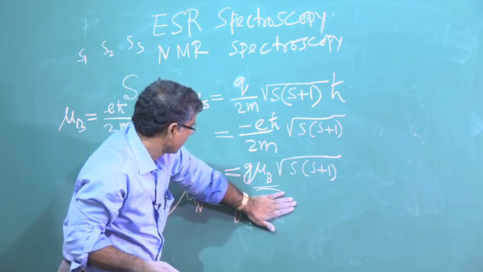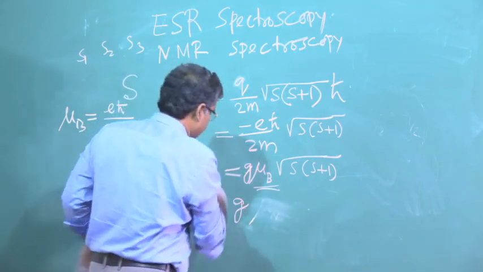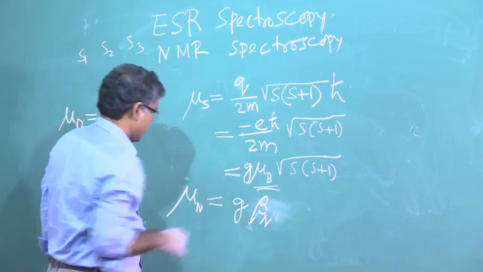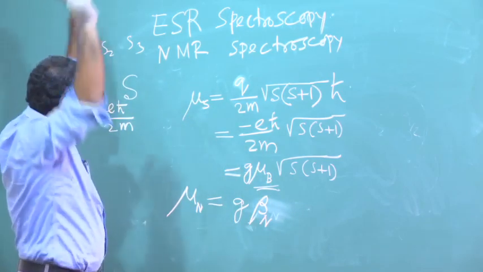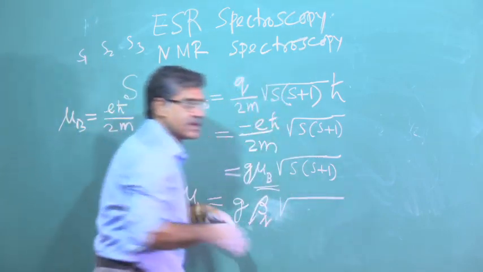Here generally people write, instead of the Bohr magneton, beta n, and then the nuclear spin.